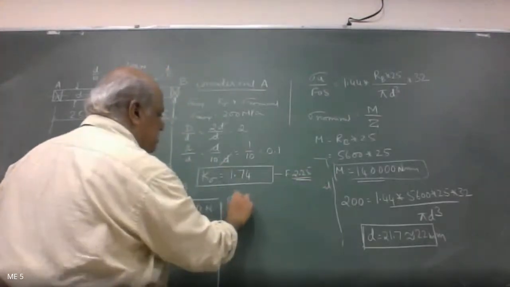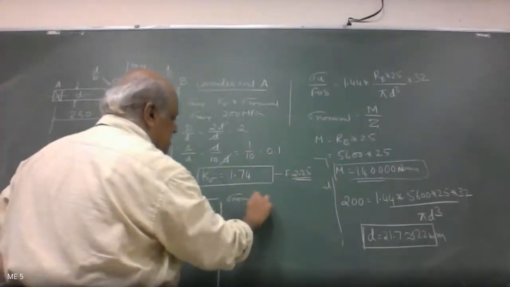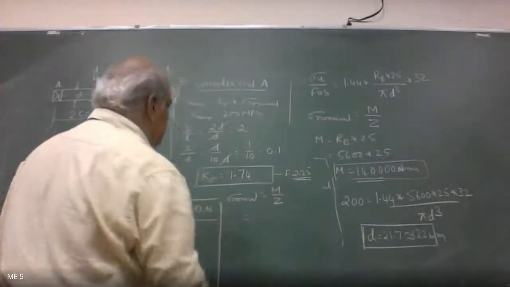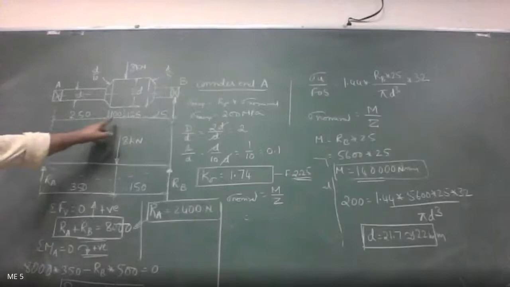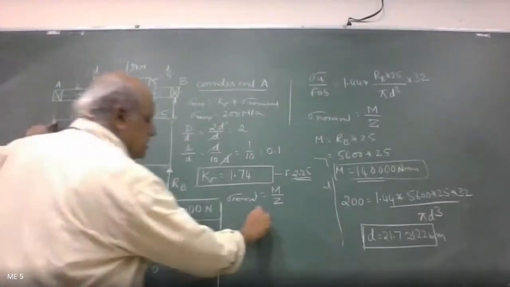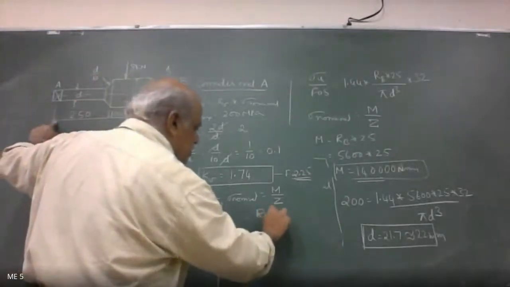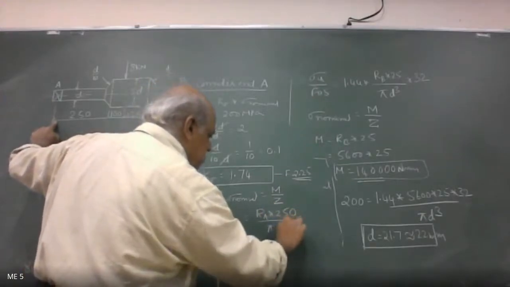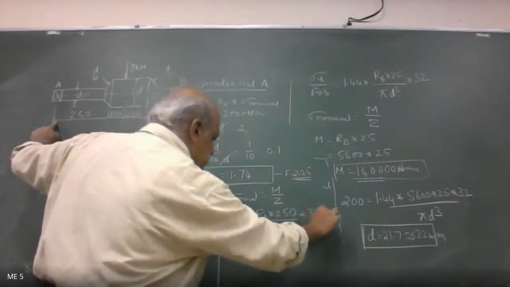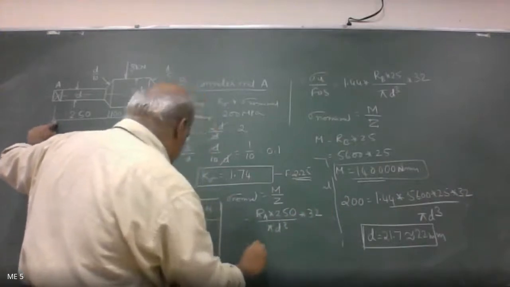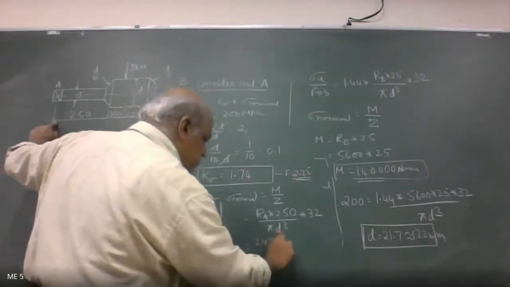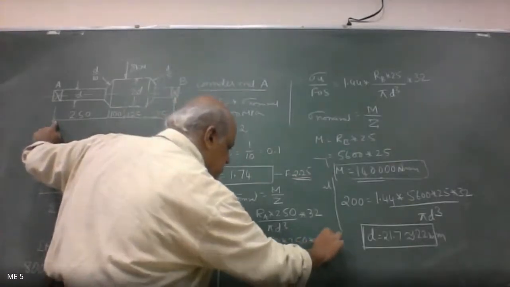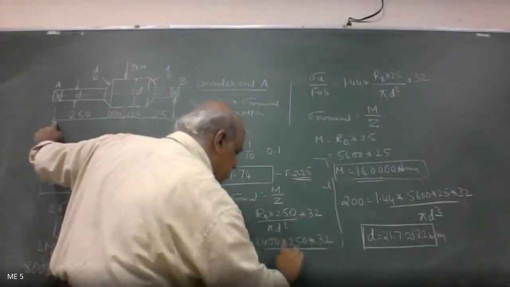Now sigma nominal is what? Sigma nominal is M by Z. M is RA into 250 mm, divided by pi d cube by 32, which is the section modulus. RA is 2400 Newton, so 2400 into 250 into 32 divided by pi d cube.